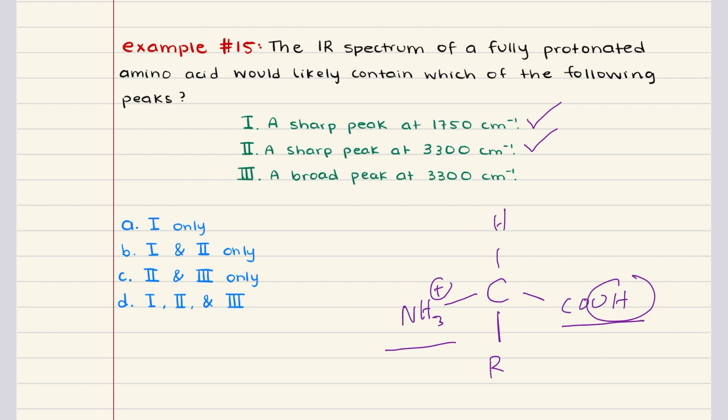That means statement 3 is also correct. So a fully protonated amino acid should show all 3 of these peaks, and that means that the correct answer is D. With that, we've completed this practice problem set.